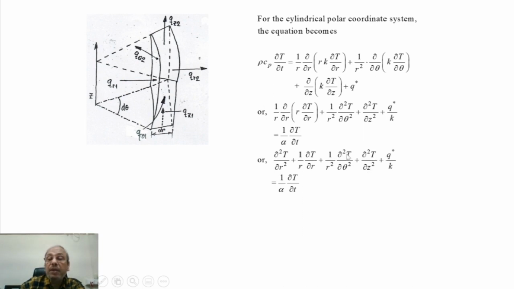This is Laplacian T in cylindrical polar coordinate system plus Q star by K. This is the heat generation rate equal to 1 by alpha del temperature del time.